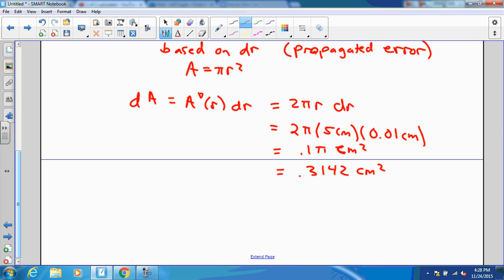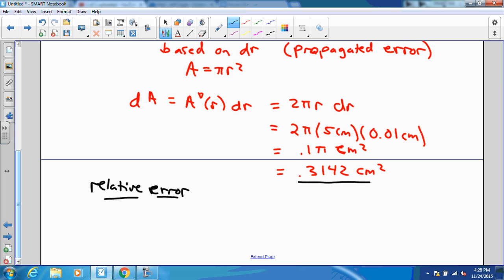And if you multiply all that, it gives you 0.1 pi, which is 0.3142 centimeters squared, as the propagated error in the calculation of my area.